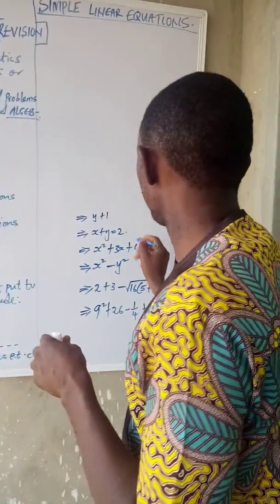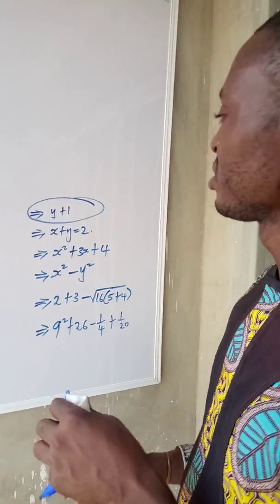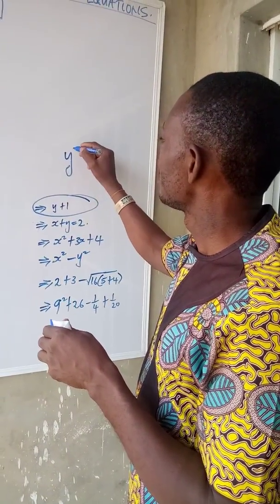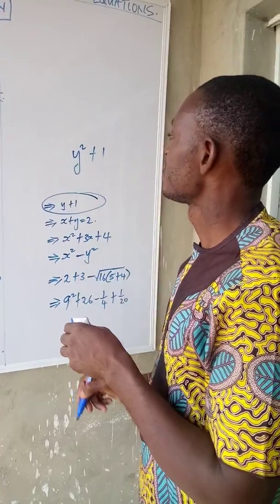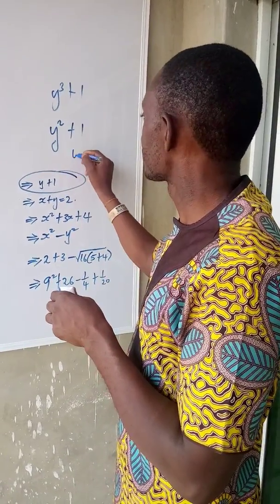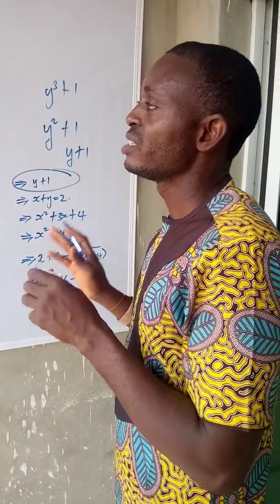For example, this is a simple linear equation. It is simple in the sense that the y is not y squared plus 1. It's not y raised to power 3 plus 1. The y is just raised to power 1.